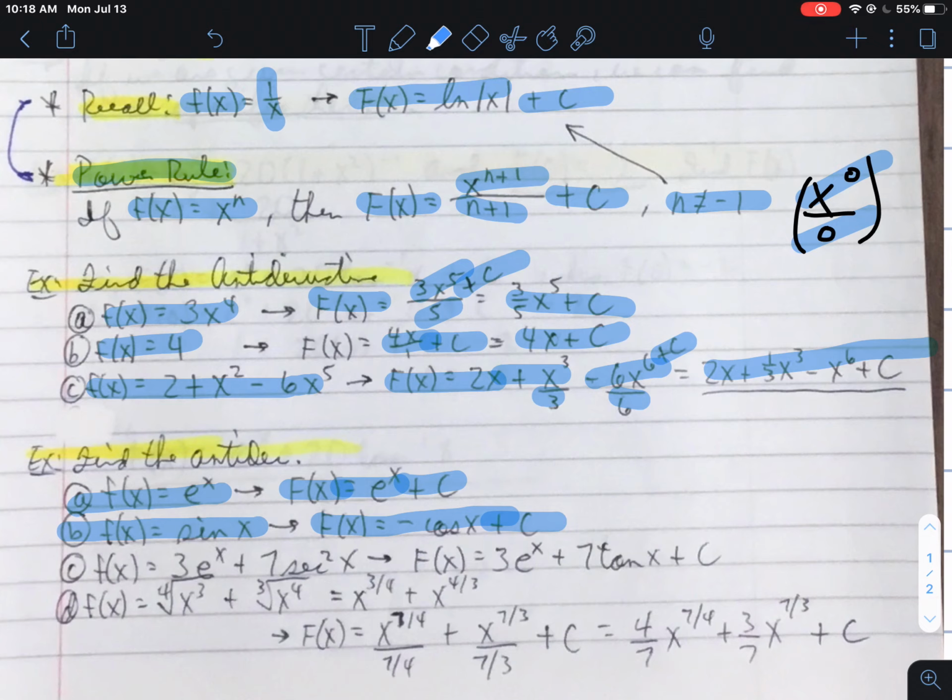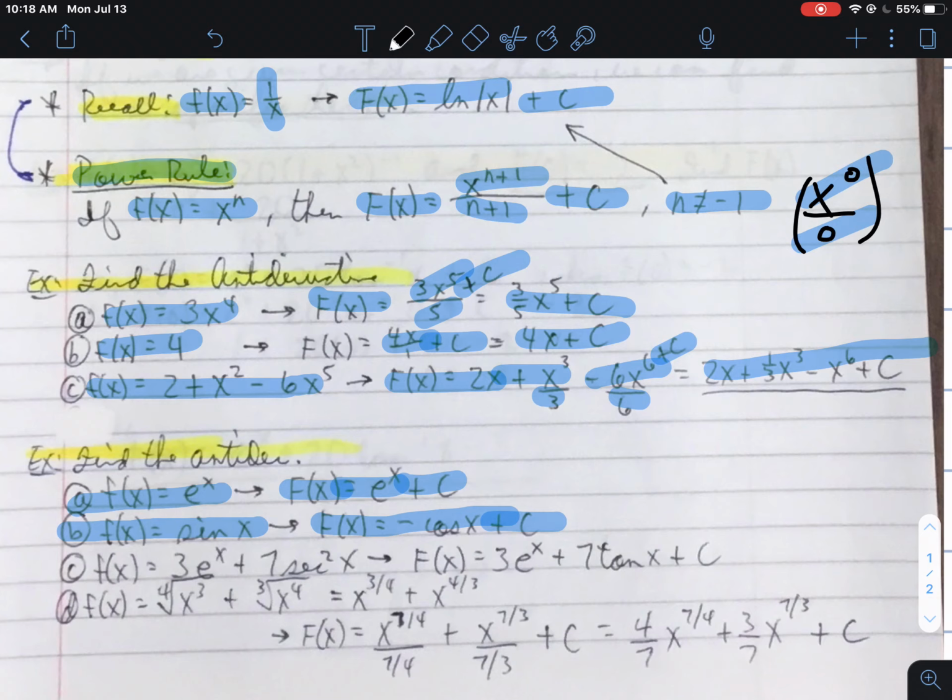Now again, you can double check that, because the derivative of cosine is negative sine, but our function is positive. So I need that extra negative in front to make that derivative positive. So again, like I said earlier, you can double check your antiderivative by finding the derivative, and especially in the case of these trig functions, just to double check your signs.